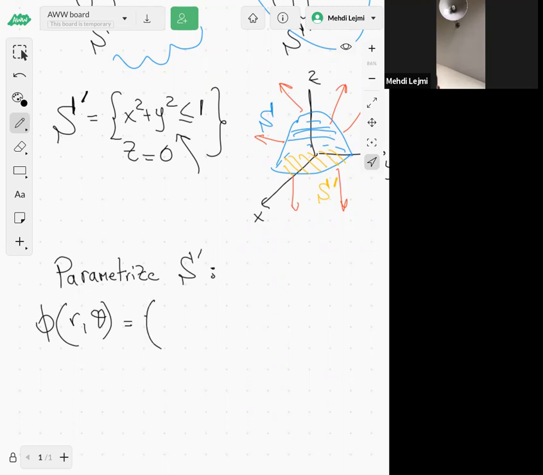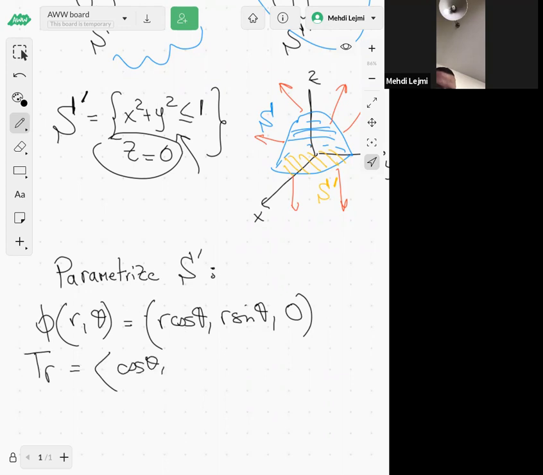It's r cosine theta, r sine theta, and z is 0. The z coordinate is 0. So when you do T r, as usual, cosine theta, sine theta, and 0. You do T theta, that's minus r sine theta, r cosine theta, and 0.